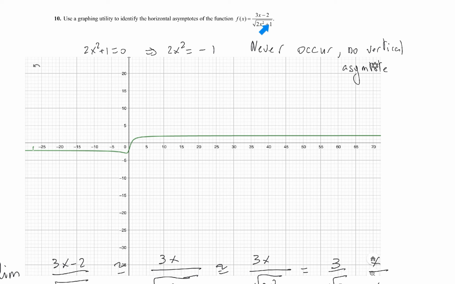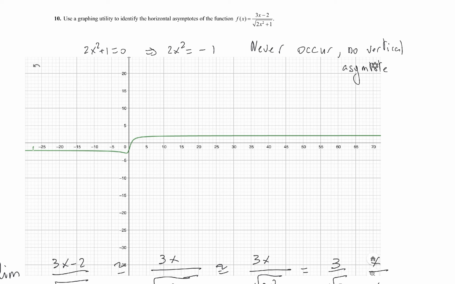And you see 2x squared plus 1 is never 0, because to be 0 means that 2x squared should be minus 1. It's impossible that a number squared multiplied by 2 will be minus 1. This has no solution in the real numbers.